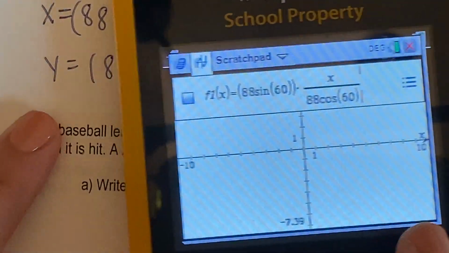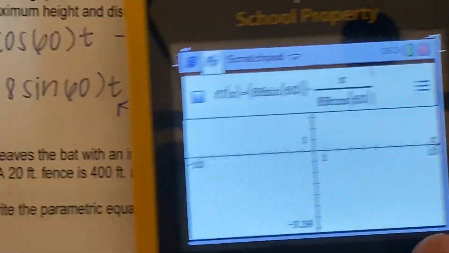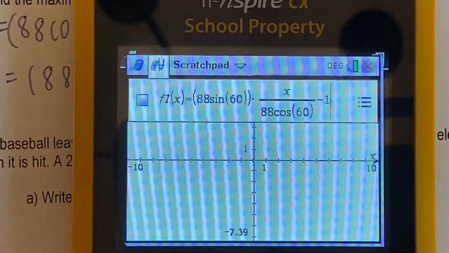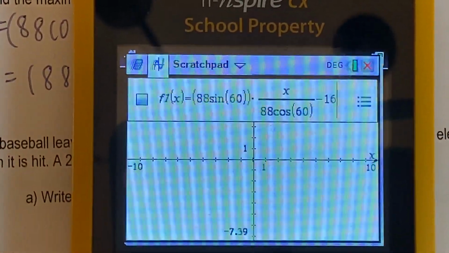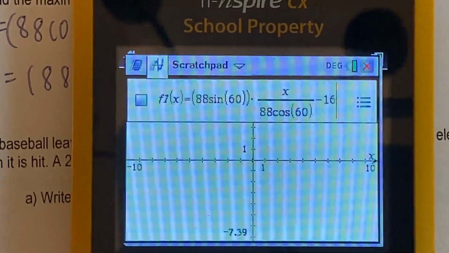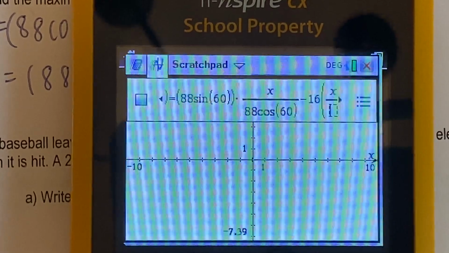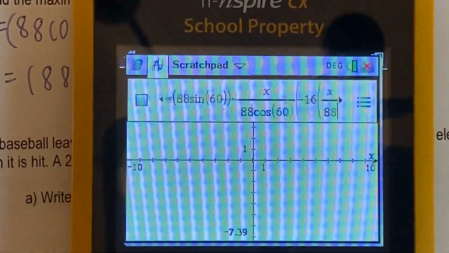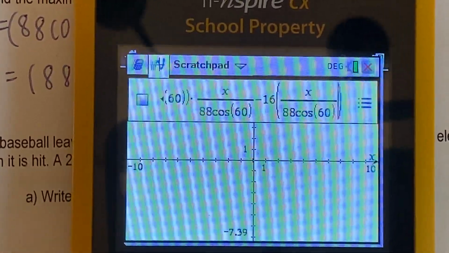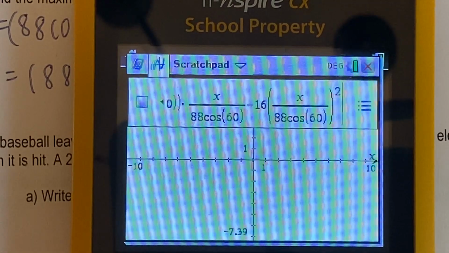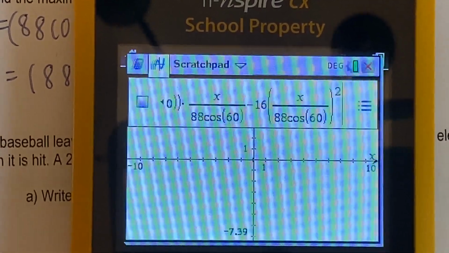Okay, arrow out of that. Now we have minus 16t squared. So minus 16. And now the 16 isn't squared, just the t. So I'm going to use parentheses and do my fraction again. X over 88 cosine 60. And then don't forget to square that. And then press enter.